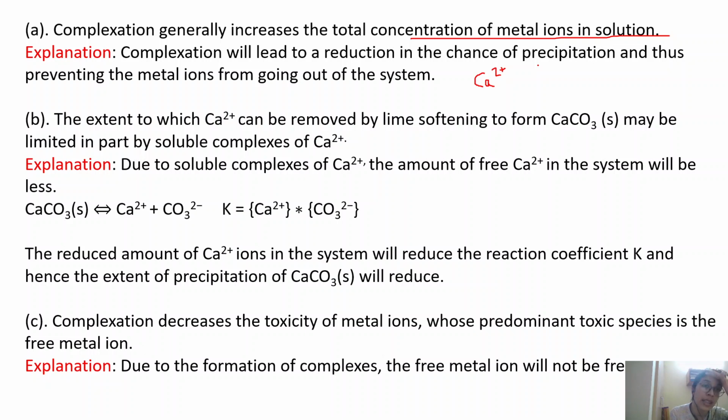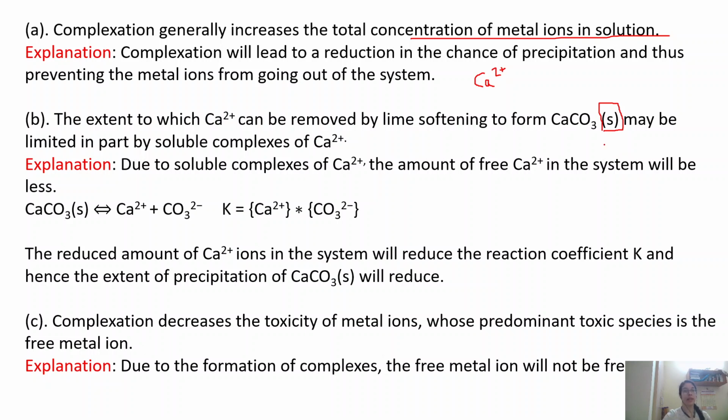Option B is: the extent to which calcium can be removed by lime softening to form calcium carbonate. How is something removed from the system? Either, if it is in the form of gas, it is evaporated. If it is in the form of cations or anions, we try to precipitate it. So calcium carbonate is in solid form, which means it is precipitating.